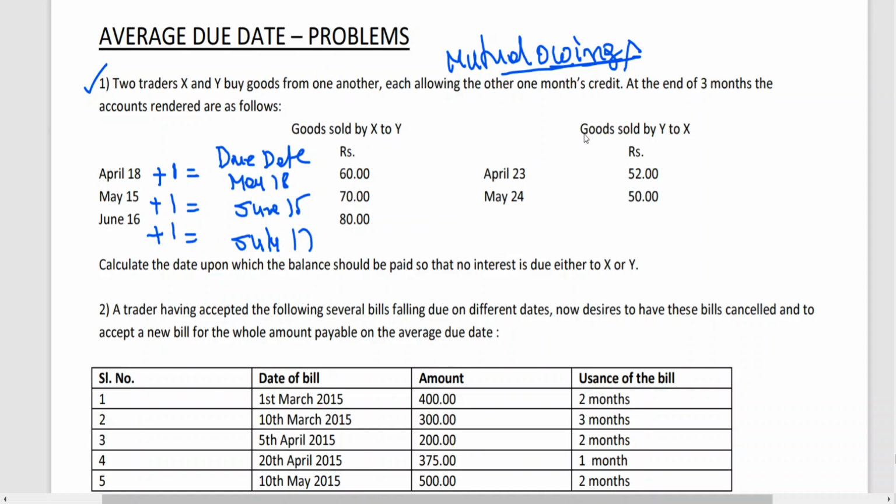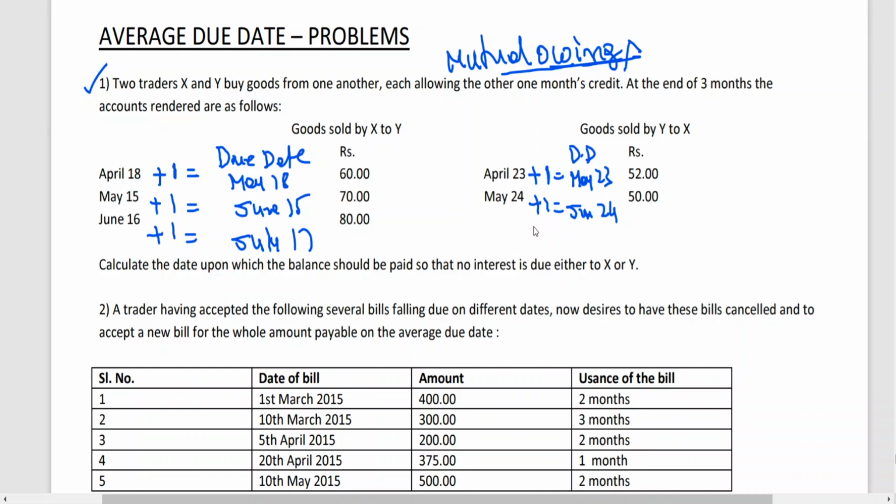Okay, for the other one, April 23 plus 1 month, due date May 23, June 24.